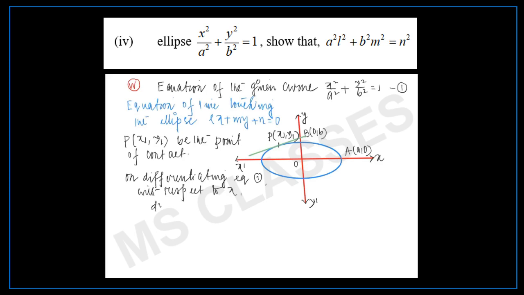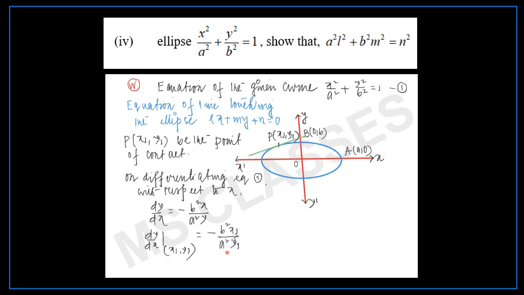we get dy/dx equal to minus b square x by a square y. Now we are finding the slope at the point (x1, y1), so this becomes minus b square x1 by a square y1.